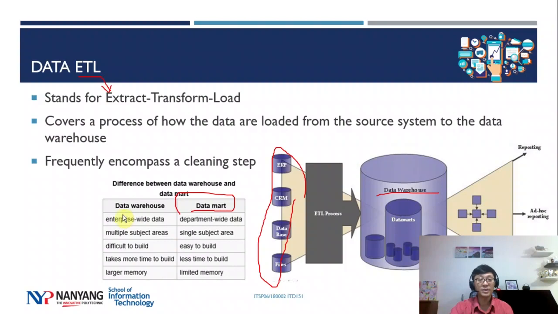So here is a table that talks about the differences between a data warehouse and a data mart. A data mart is essentially just a smaller scale of the data warehouse, right? The data warehouse is like the enterprise, the enterprise data or huge amount of data. A subset of it is the data mart, which is a smaller scale and could include a more specialized group of data.